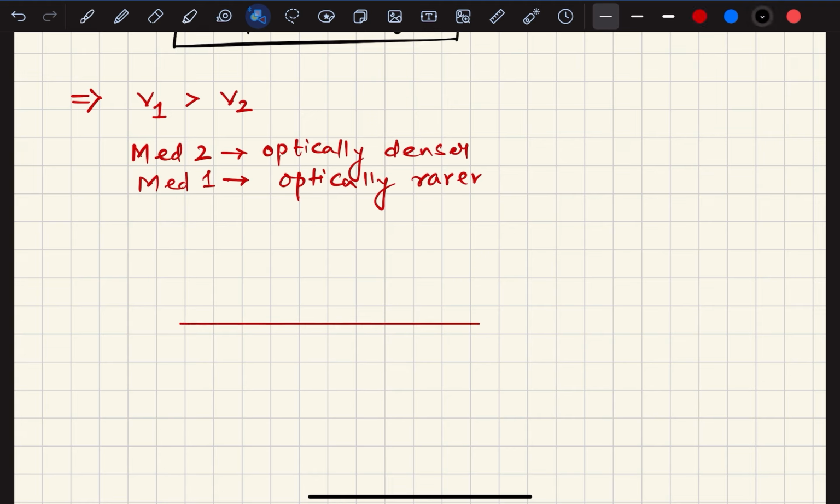Okay, so here there is a transparent medium. Both are transparent. This is medium 1, this is medium 2, and definitely this is incident ray. This is called point of incidence.